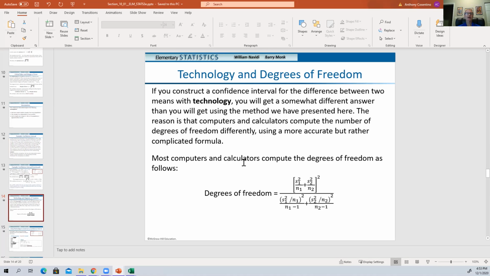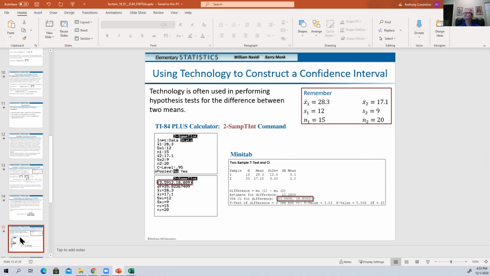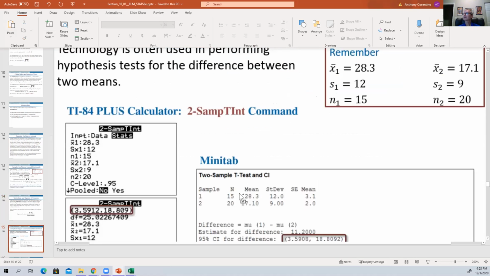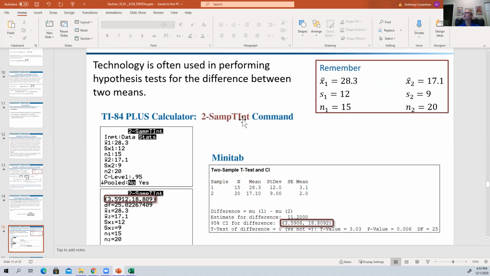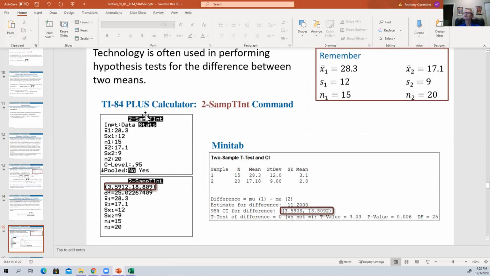So you have a couple options. Option one is to use your calculator. And this is the two sample interval command. And so this is this idea of plugging in all these values, and you'll hit pooled equals no in the two sample interval.